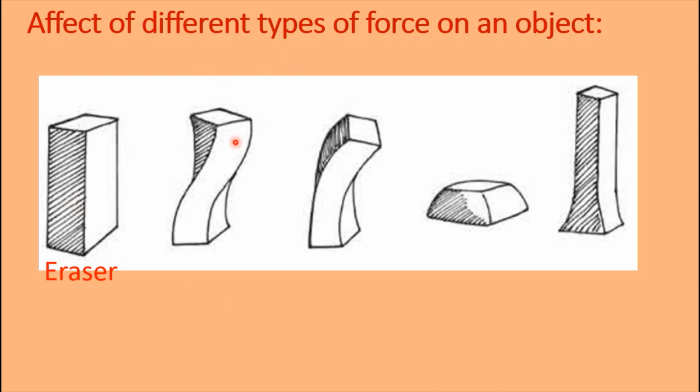In this case, the eraser is twisted. In this case, the eraser is bent. That is, when the eraser is twisted, the shape will be like this. And when it is bent, the shape of the eraser will be like this.